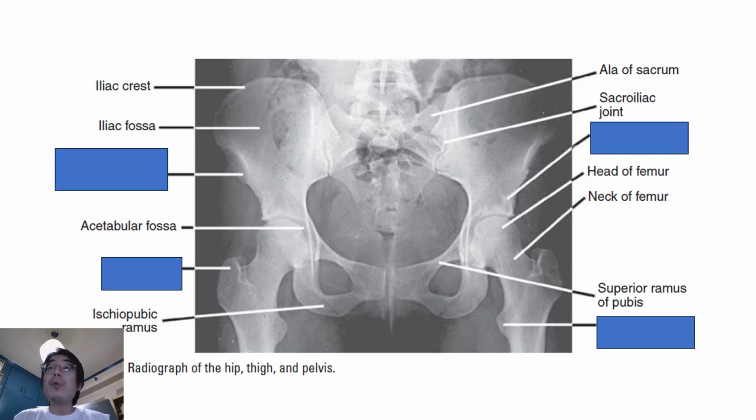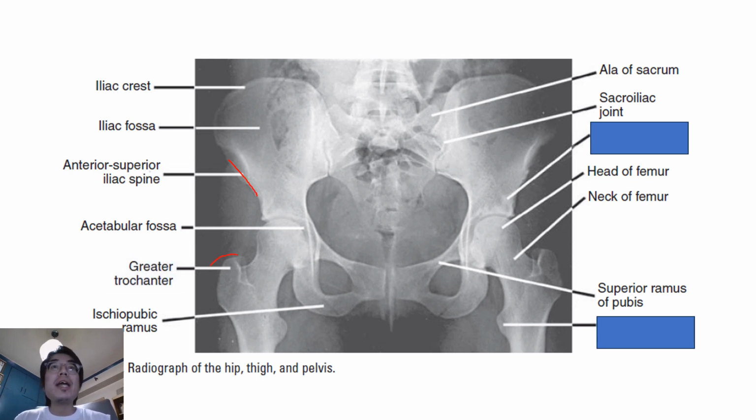Let's have a quick quiz. This is a typical radiograph of the hip taken in AP or anteroposterior projection. The first blocked structure over here is the ASIS, or the anterior superior iliac spine of the right ilium.